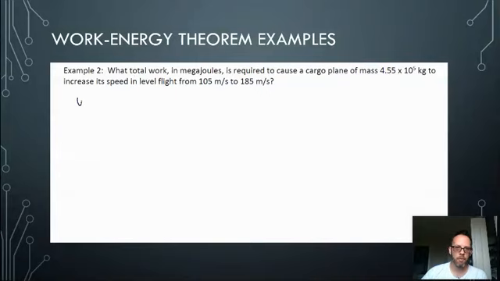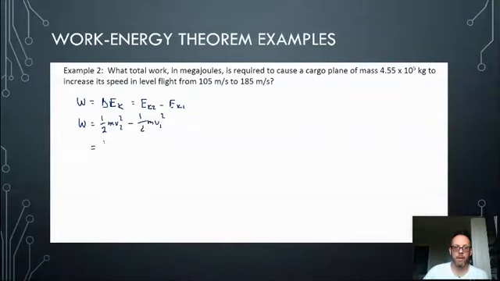So our starting point is work equals change in kinetic energy, which is 1/2 mv2 squared minus 1/2 mv1 squared. Change in kinetic energy is just final kinetic energy minus initial kinetic energy, so EK2 minus EK1. If you like EKF and EKI for final and initial, just do what you're comfortable with from your previous course.